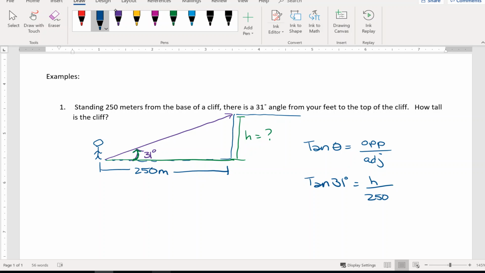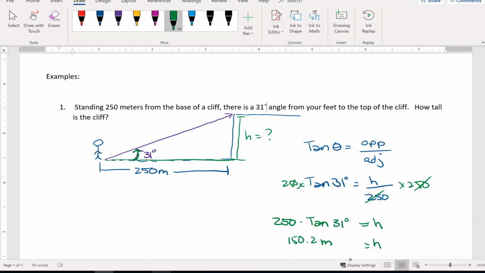Here, if we multiply both sides by 250, those cancel, and we're left here with h is equal to 250 times the tan of 31 degrees. And if we work that out on our calculator, we should get that h is equal to 150.2 meters. And that is the height of the cliff.